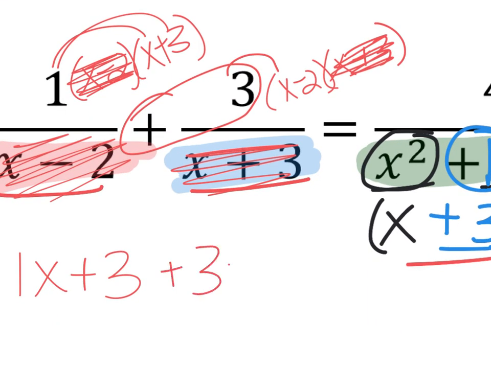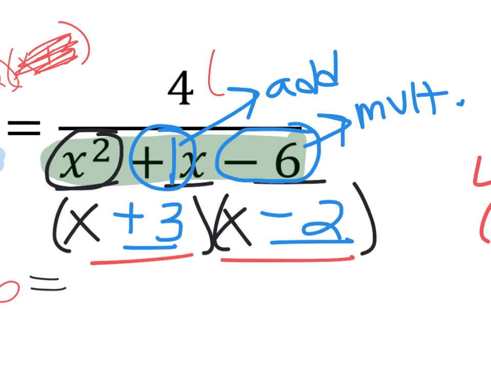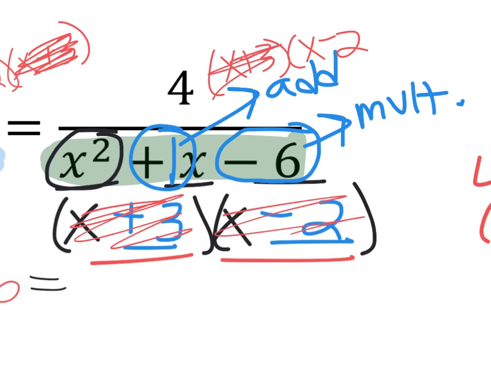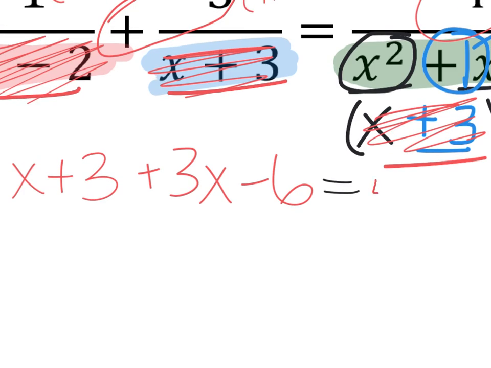So positive 3x, and then positive 3 times negative 2 is a negative 6. And then we have our equal sign. And if we do the same thing with this term, if we multiply by an x plus 3 and an x minus 2, both of them are going to cancel out. So we are just left with this 4, and it is positive. So equals 4.